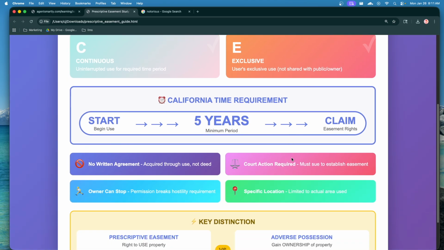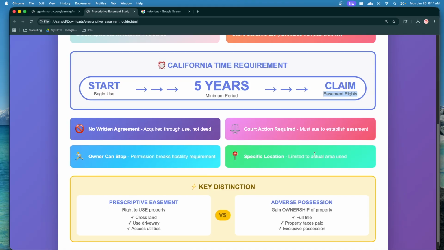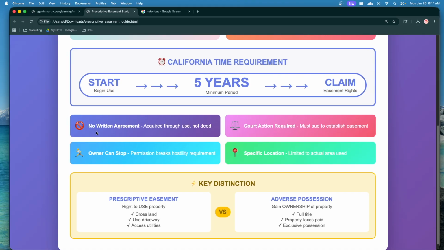And right here, usually in California, the time requirement is at least 5 years from the start. After 5 years of using it in an open and obvious way and without the permission from the owner, you could go to the court and claim this easement right. So once again, some key points: no written agreement, no permission, and you go to the court.